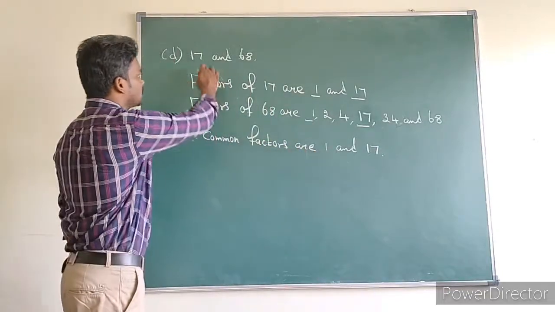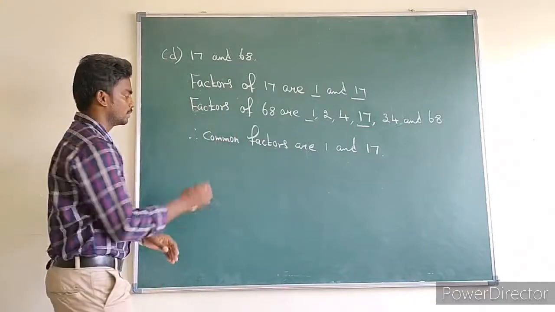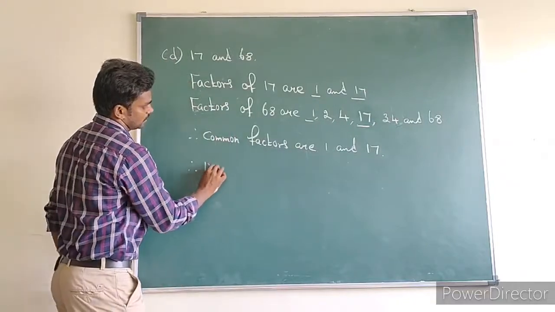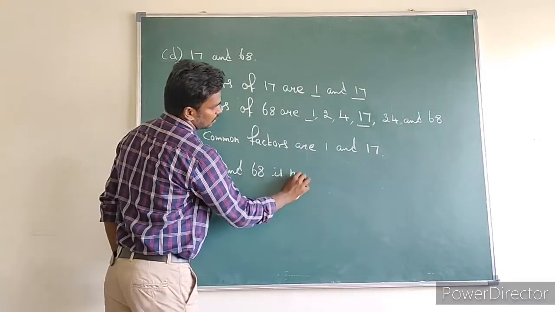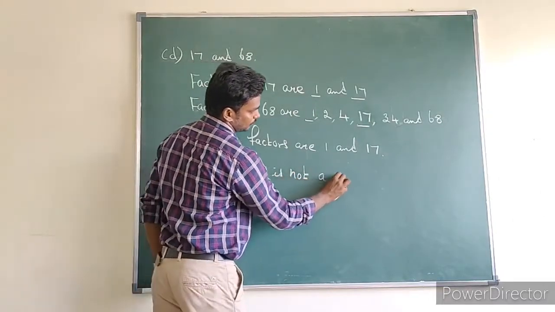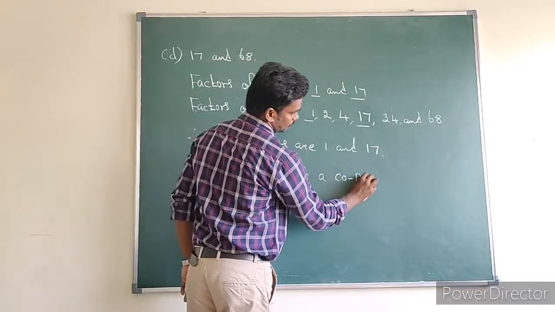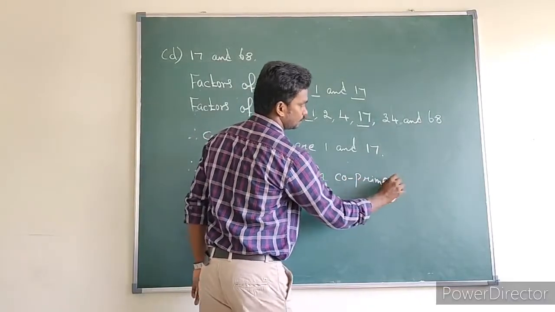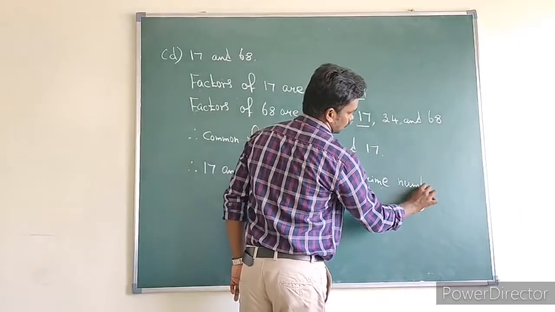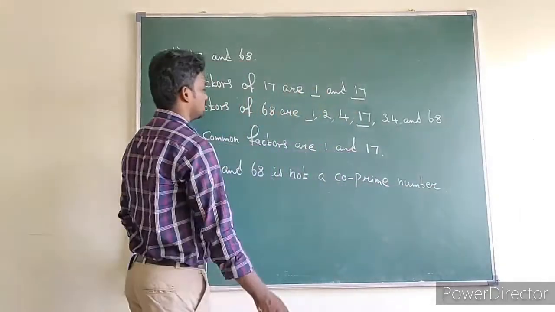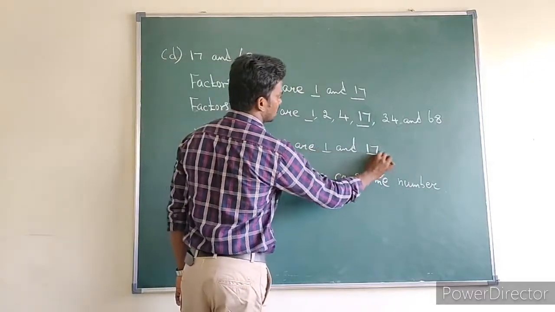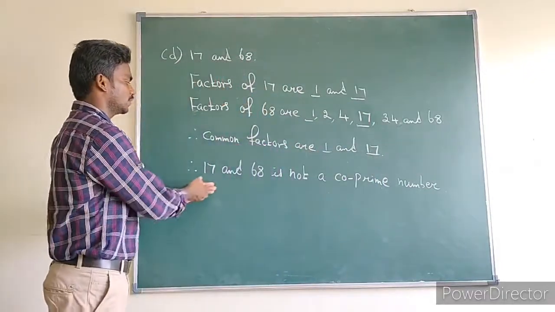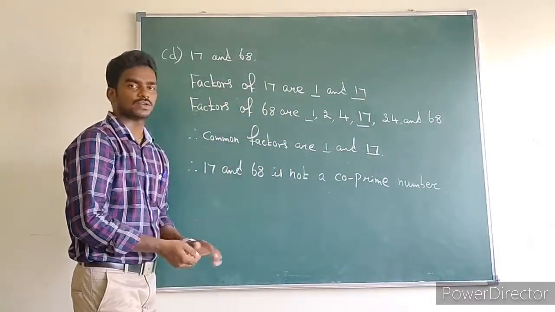So 17 and 68 are not co-prime numbers. The common factors for 17 and 68 are 1 and 17, which is two common factors. Therefore 17 and 68 are not co-prime numbers.